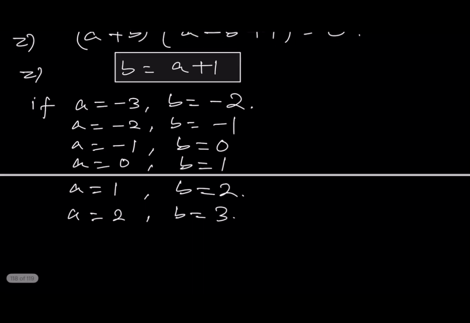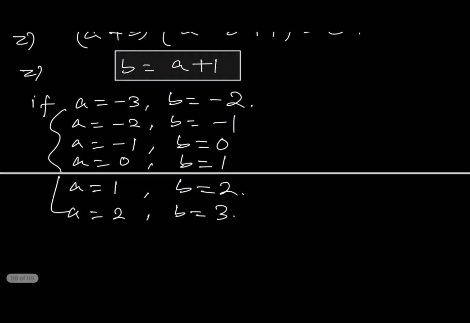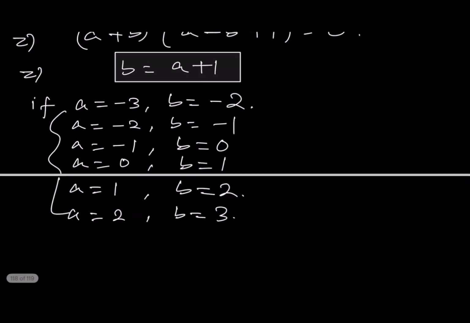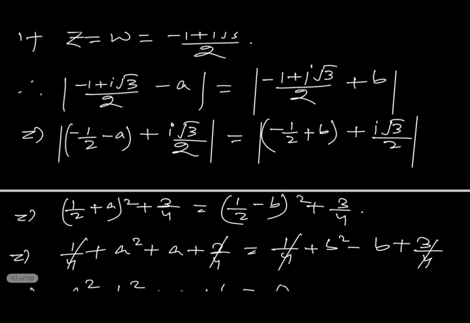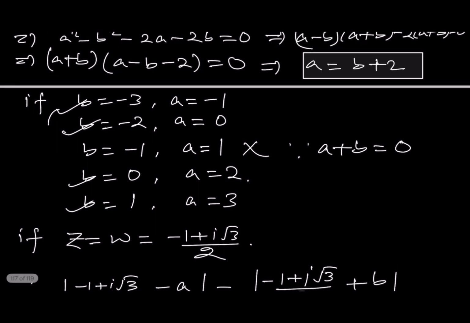So here there are total 6 ordered pairs possible, right? All are valid. So if z is omega, then there are 6 ordered pairs, and if z is 1, then there are 4 ordered pairs, right?